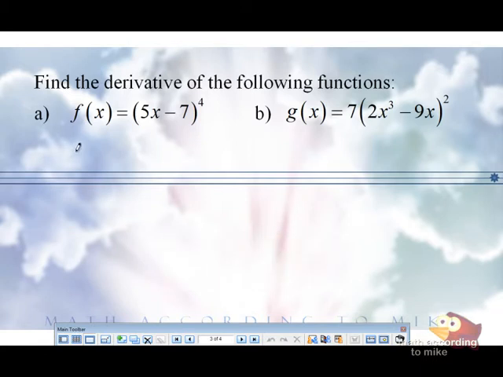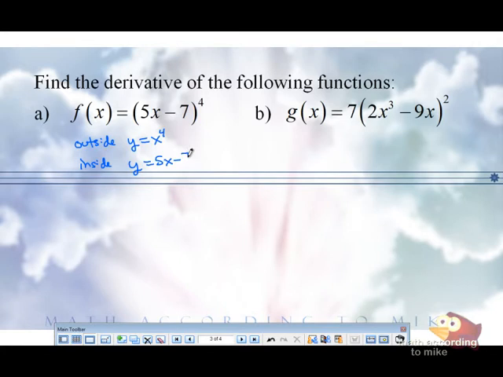So for the first one here, your outside function would be x to the 4th. Your inside function would be 5x minus 7.